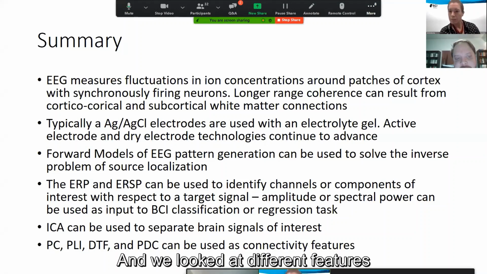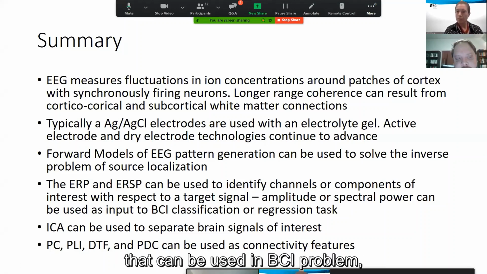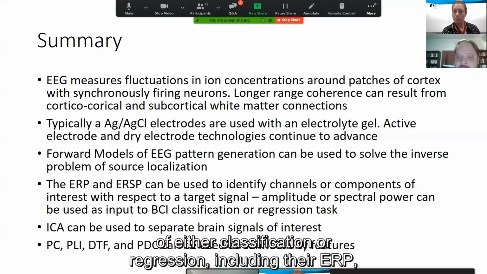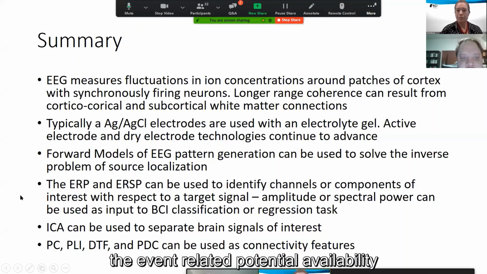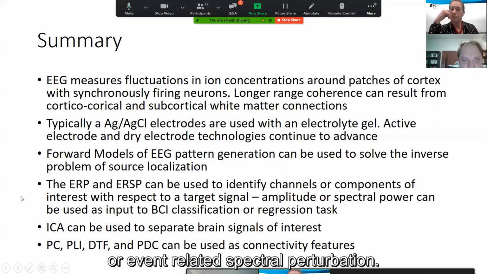And we looked at different features that can be used in the BCI problem of either classification or regression, including the ERP, the event-related potential, and the ERSP, event-related spectral perturbation.